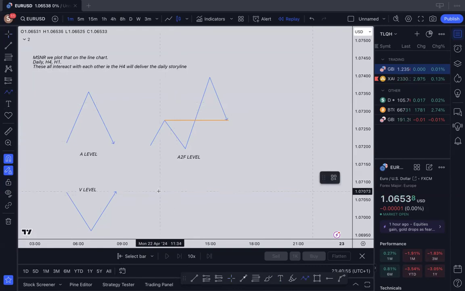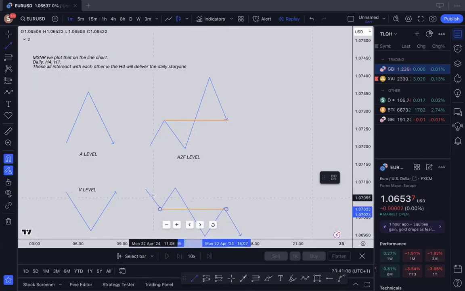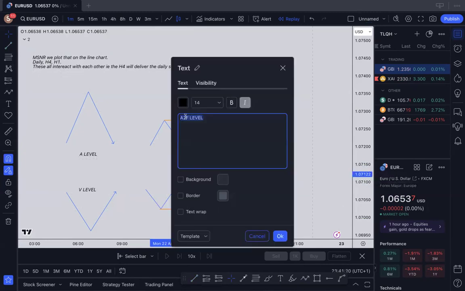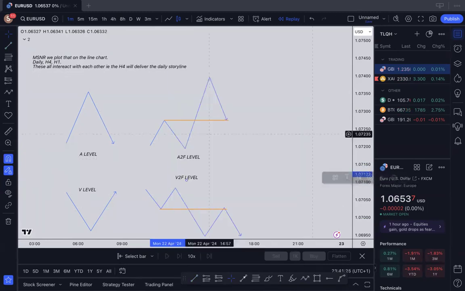And then on the flip side, pardon the joke, we have the V-to-flip level. Same thing goes here: we are coming through, we have a normal V level, we close through it on the time frame. So in this example, due to the line color, it would be the H1, and this here is the V-to-flip level.